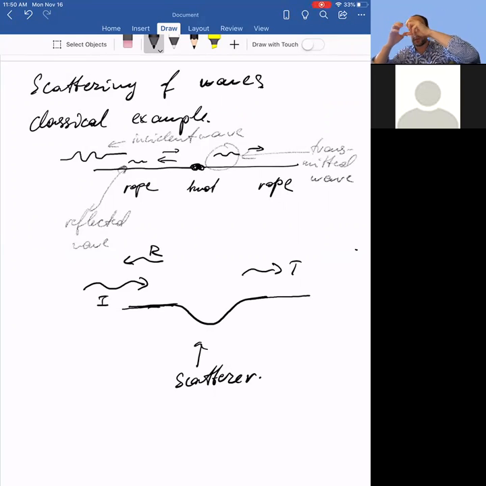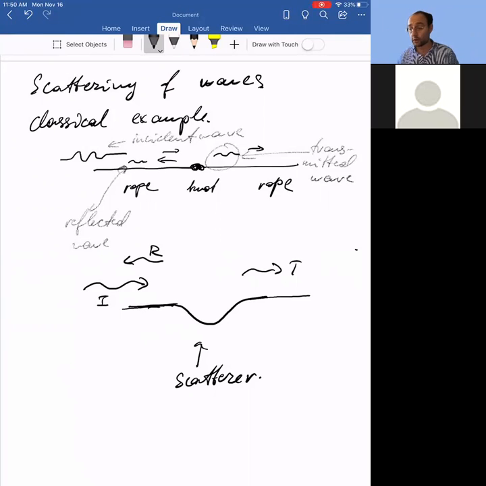That wave function will be scattered by whatever this model represents. Part of the wave function will be reflected. Part of the wave function will be transmitted. What that means is that there's a probability to observe the particle being reflected and a probability to observe the particle being transmitted.